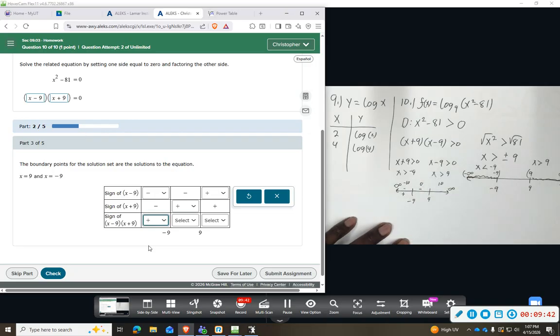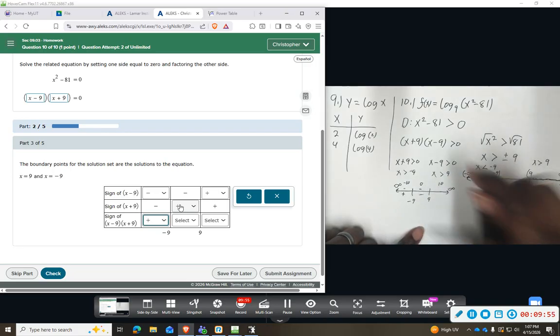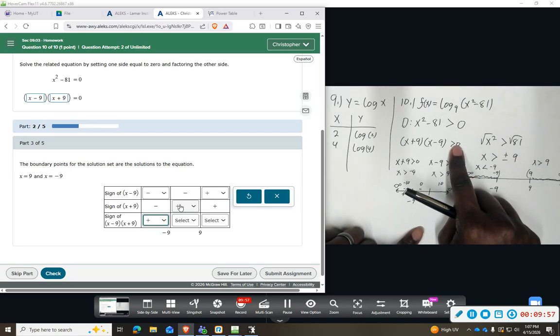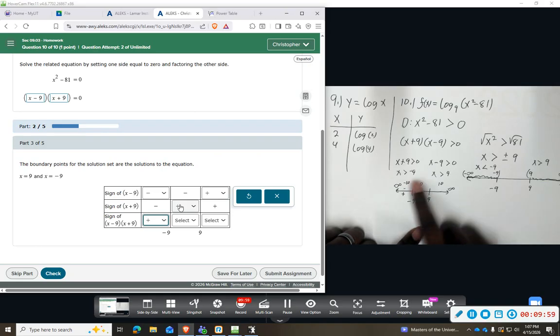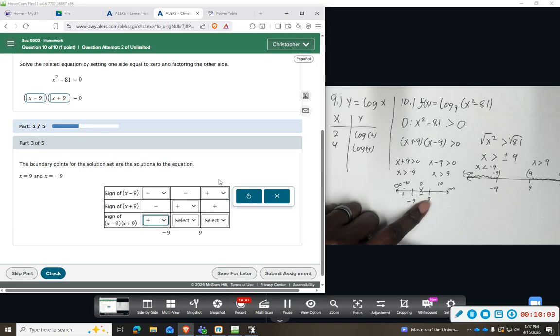That's how it works with the test points. Here, when we do the middle section, we have a negative times a positive. That's going to give me a negative number, and we need it to be greater than 0, so the negative doesn't work. This section we will not use. And then if we do the last section, we get a positive times a positive, and that comes out positive.